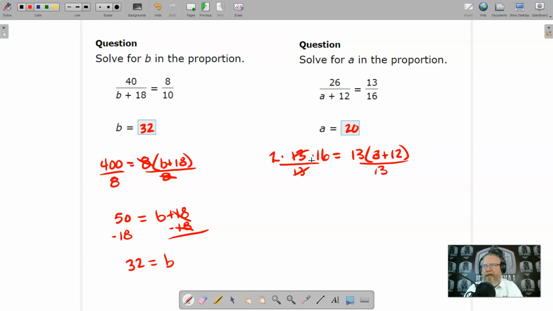And that leaves me with a 2. 2 times 16 is 32 equals, and those 13s would have canceled. That'd be a plus 12. And then I would have just gone ahead and subtracted 12 from each side to get 20 there. So I spotted that special relationship between the 26 and the 13 that we originally had there. And that would have been another way to approach it as well. Just depends upon when you want to factor things out.